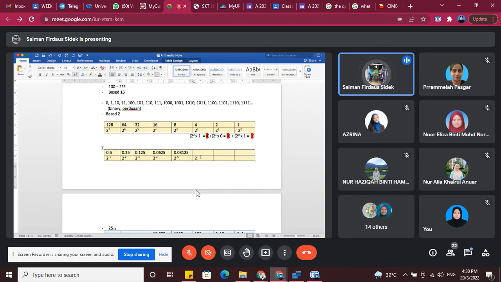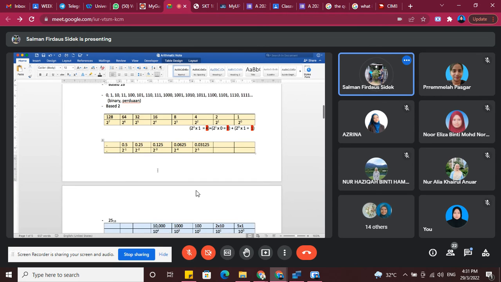So ni nombor-nombor selepas titik perpuluhan, sebelum titik perpuluhan. Copy balik, I paste dekat sini. 1, 2, 3, 4, 5. So ini titik perpuluhan. So I put dot here and dot here. Okay. So hafal lah ni.